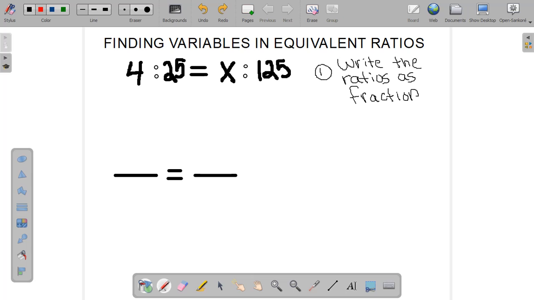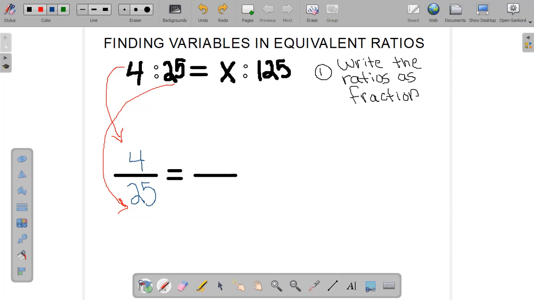You're going to take the first one in the ratio, and it's going to be the numerator. So the 4 will go on top. And then you will take the second one, and that will be the denominator. So your first fraction is what? 4 over 25, Elizabeth.